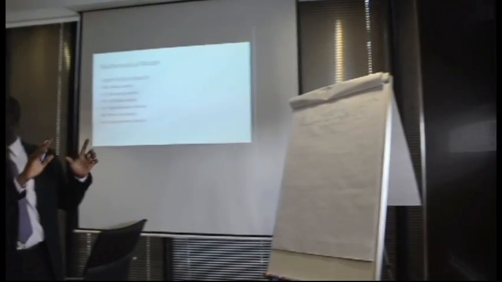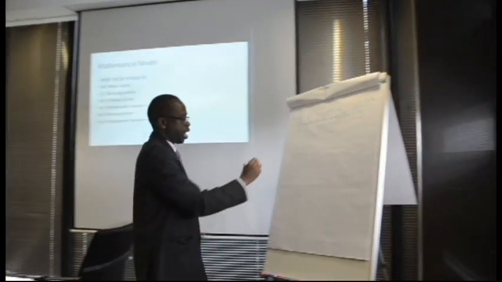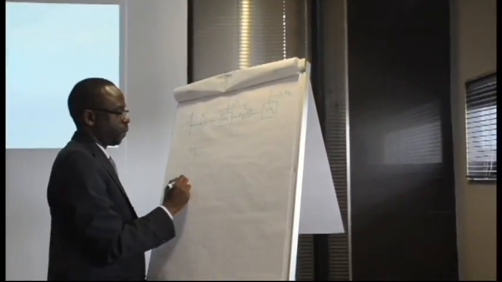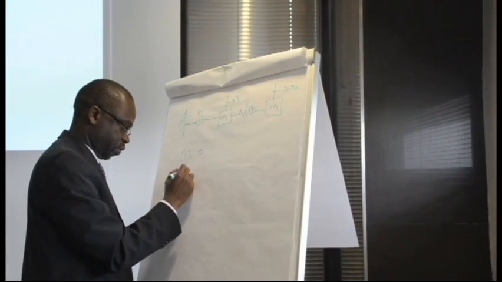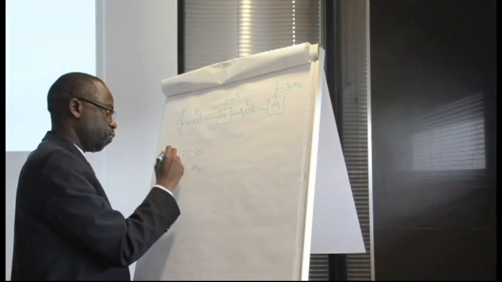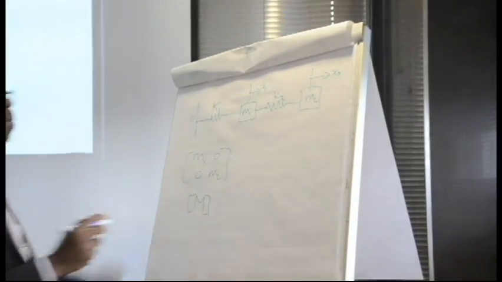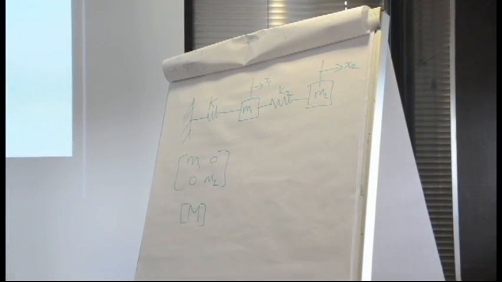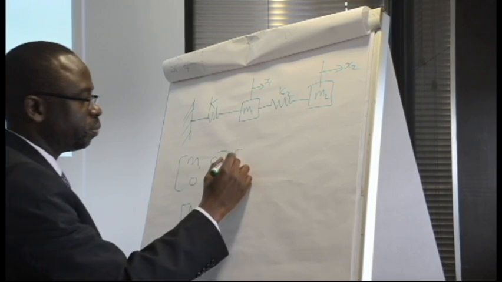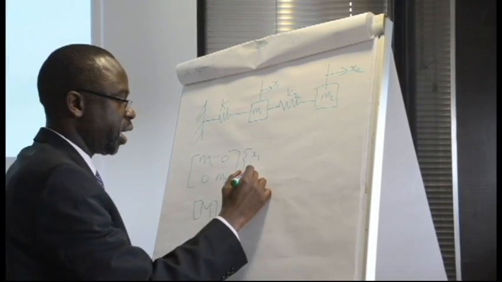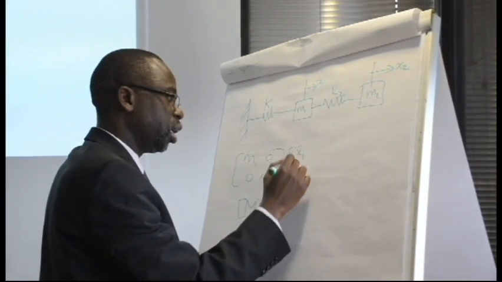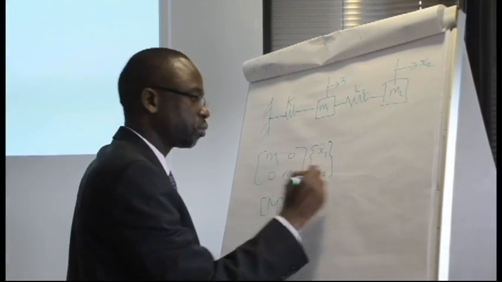This equation can be written as follows: m1, 0, 0, m2. This will be a mass. We call it a mass matrix. Then you multiply it by x1, x2, double dots.